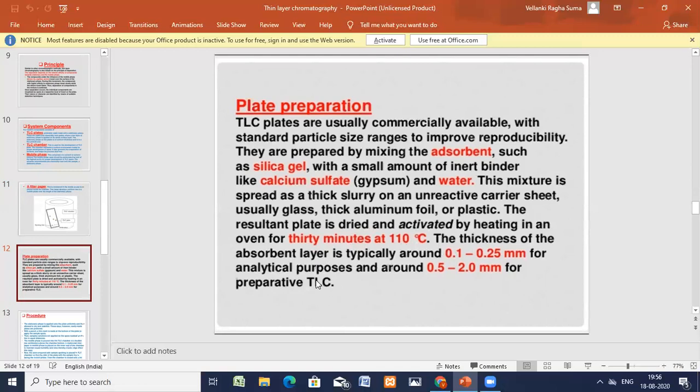The thickness of the adsorbent layer is typically 0.1 to 0.25 mm for analytical purposes and 0.5 to 20 mm for preparative TLC. In this way the plate is prepared, and these plates are commercially available. Generally we buy them and we start doing our separation process.